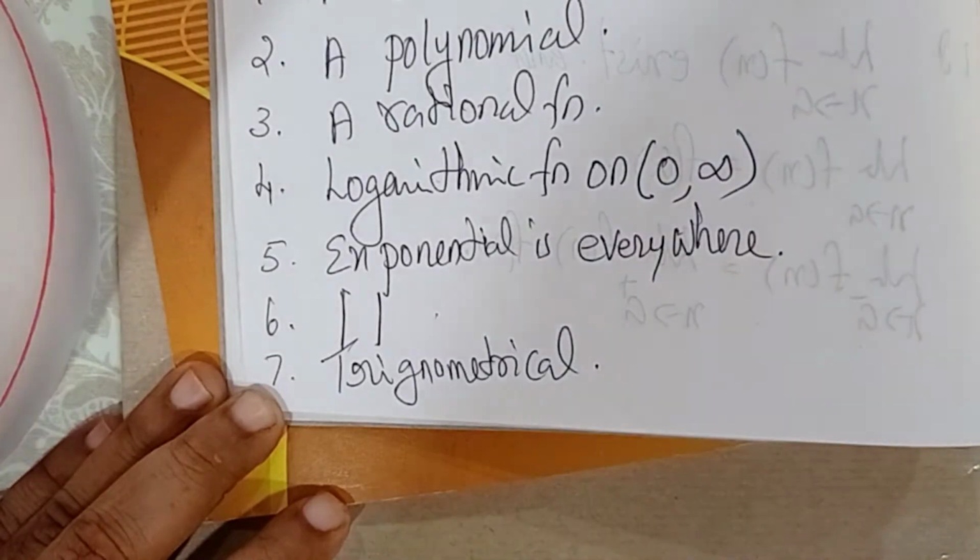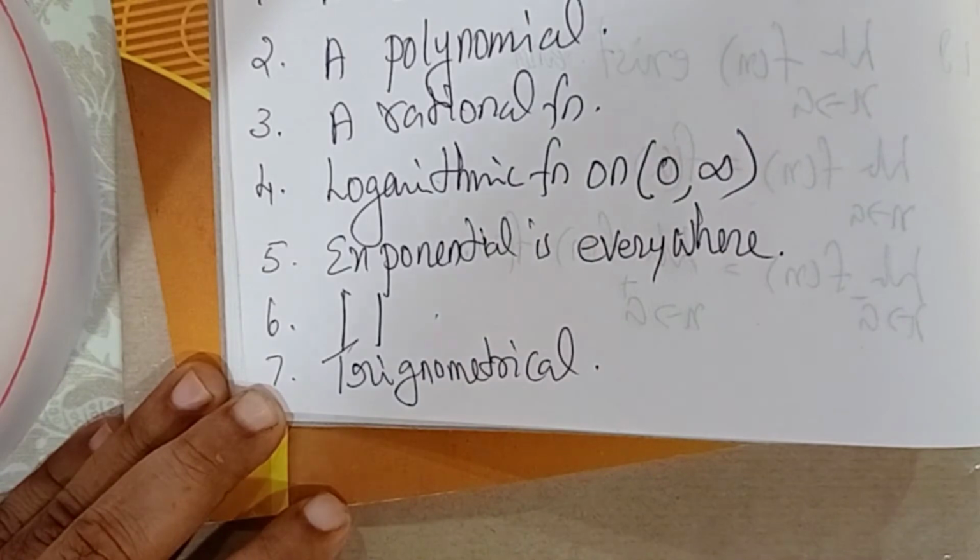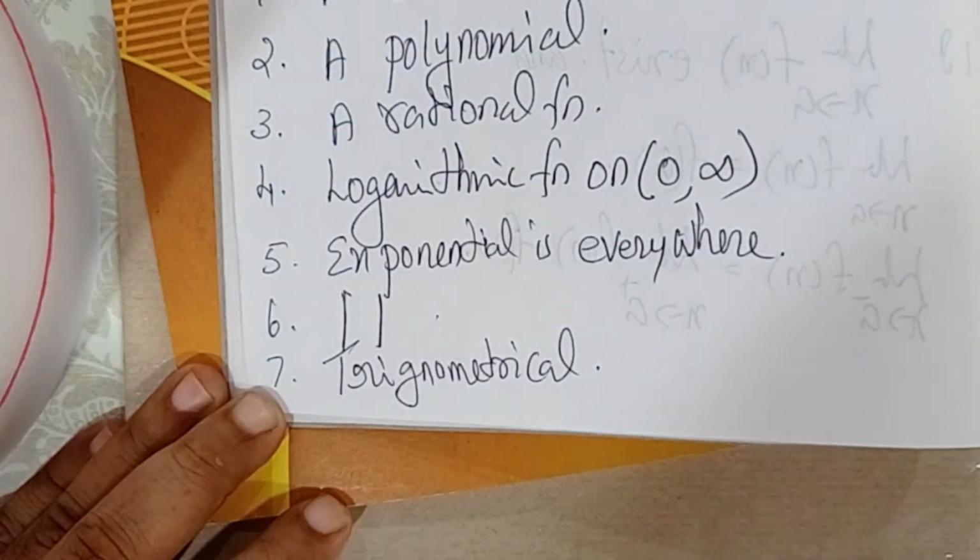Once again, a constant function, a polynomial function, a rational function, a logarithmic function, an exponential function, a modulus function, and trigonometrical functions. These are always continuous functions.